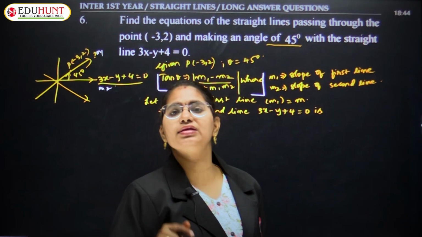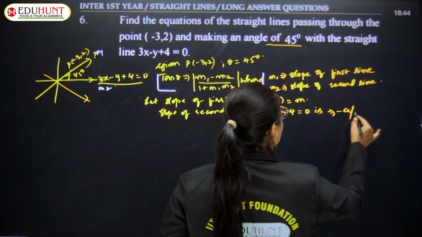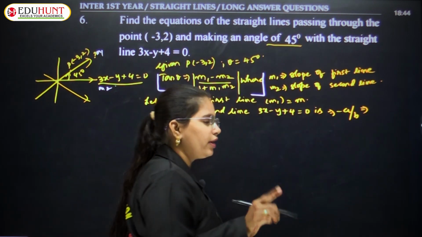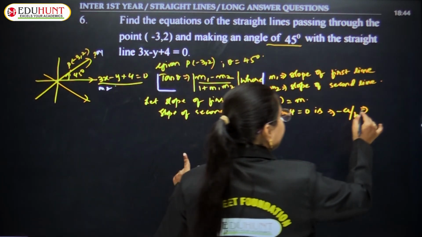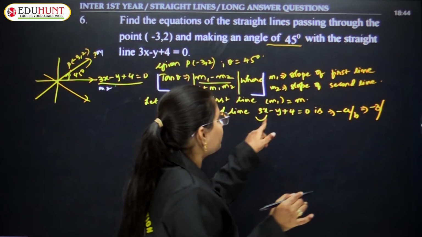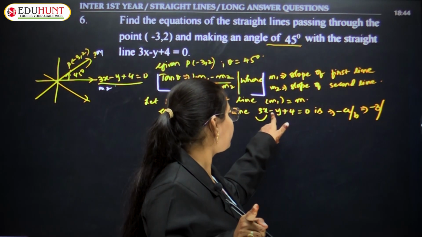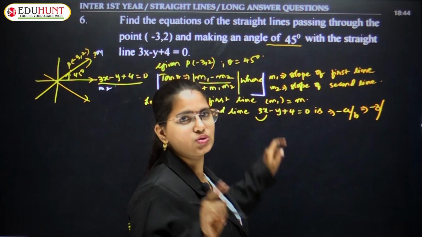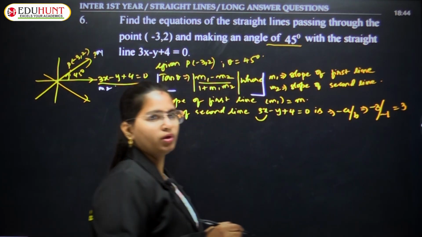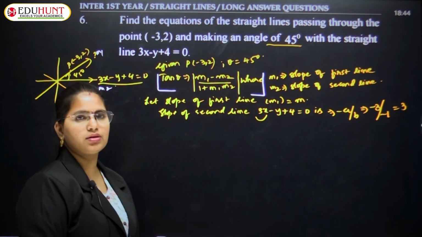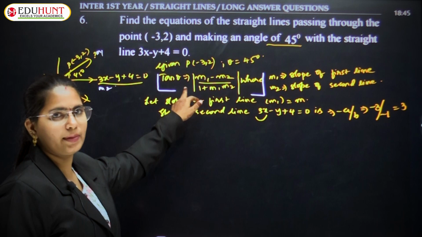For the general form of a line, slope is minus a by b, where a is the coefficient of x, which here is 3, so minus 3, divided by b, the coefficient of y along with sign, which is -1. Minus 3 divided by -1 is 3. Done.